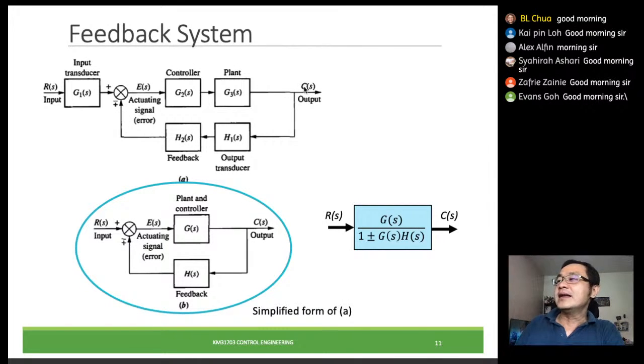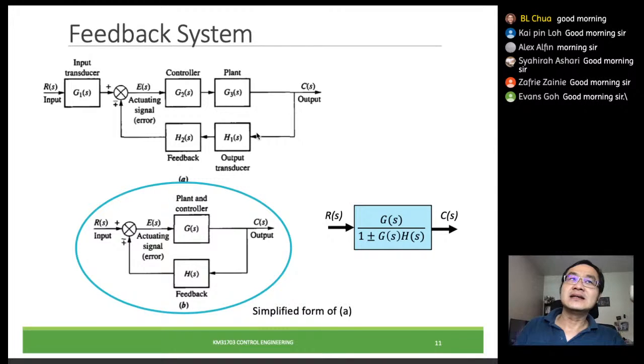The output of it can be in the form of temperature, flow, or whatever it is that we intend to measure and control. Remember, our intention is to control the parameter that we want, by representing them as block diagrams. This can come back as a signal, and this signal again will go through an output transducer.